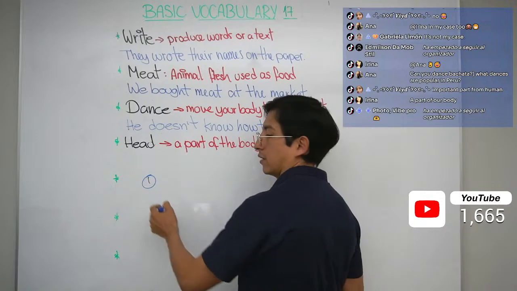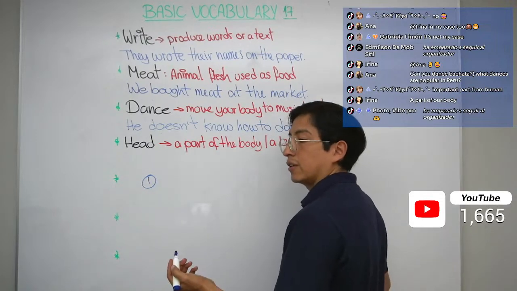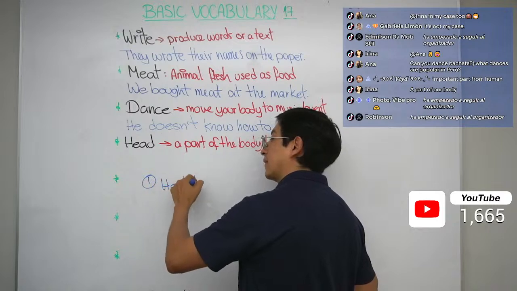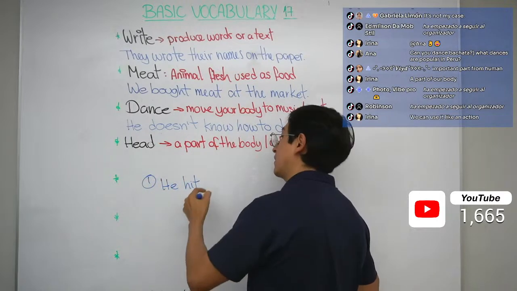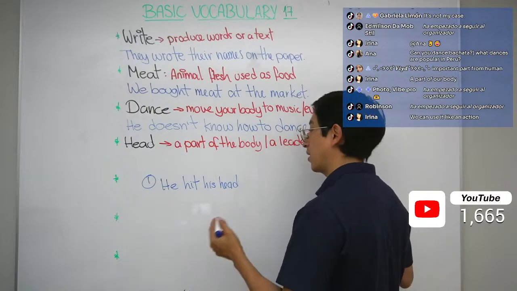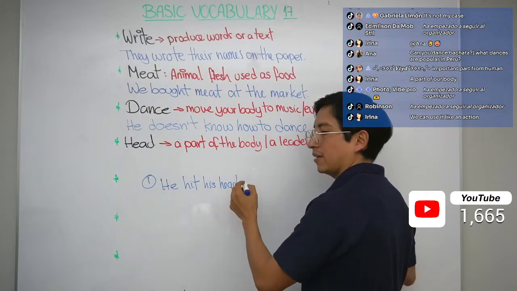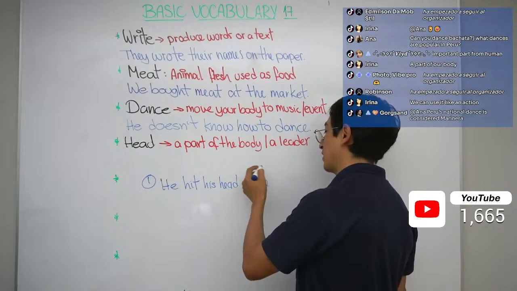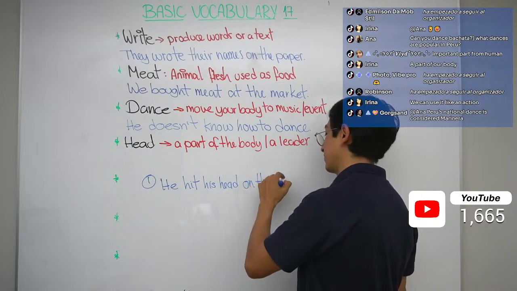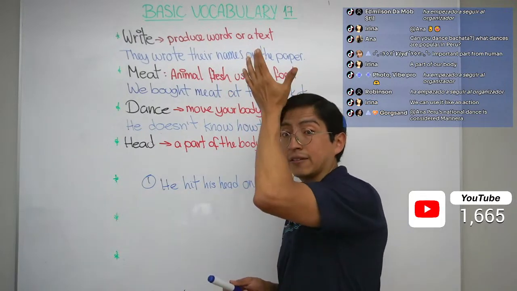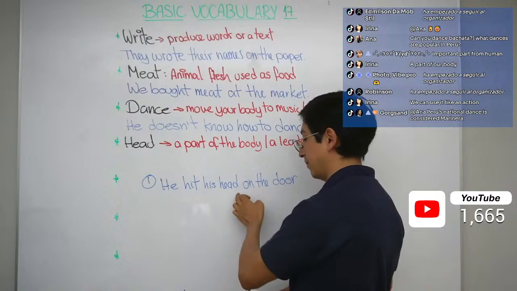So let's start with the first part. Maybe we can say here, okay, he hit his head. He hit his head on maybe the door, huh? On the door or in the shower. So look at this. Hit. Okay, hit his head.